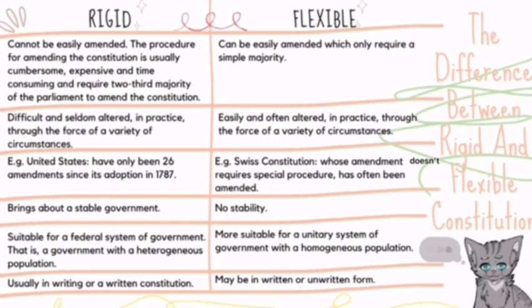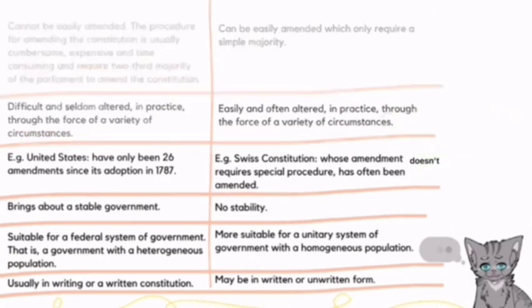Moreover, rigid constitution is also suitable for a federal system of government, that is, a government with a heterogeneous population, while flexible constitution is more suitable for a unitary system of government with a homogeneous population. Lastly, rigid constitution is usually in writing or written constitution, while flexible constitution may be in written or unwritten form.